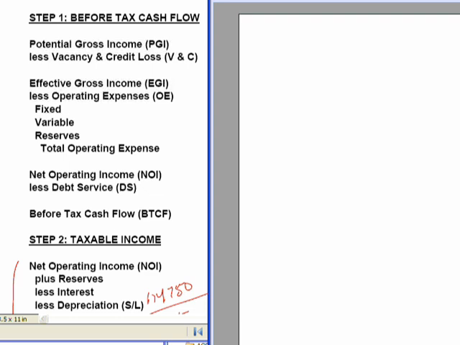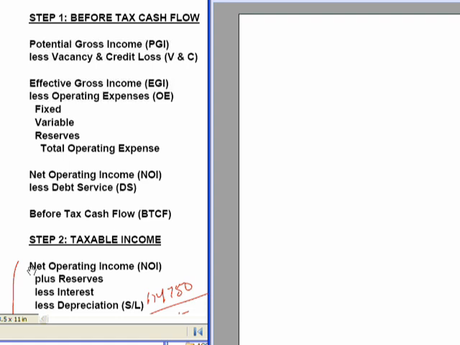It typically includes things like property insurance, property tax, some management fees, utilities, maintenance, repairs, and reserves. Once we subtract out the operating expenses, we have what's called NOI, net operating income. And NOI is very important to appraisers because this is the productivity of the property.